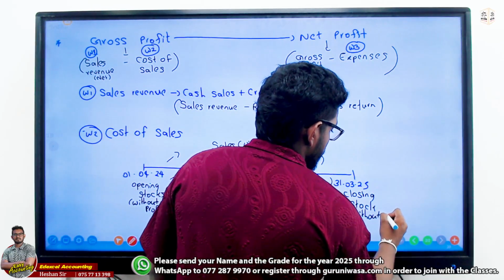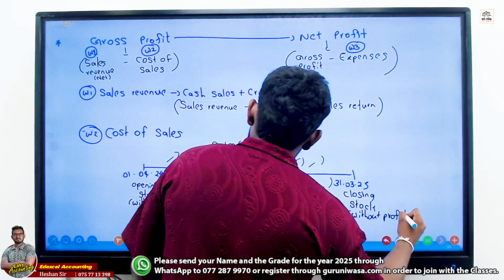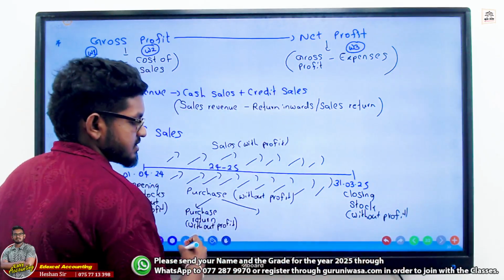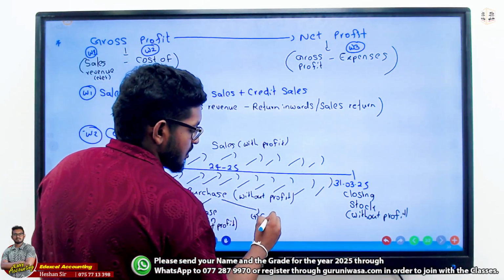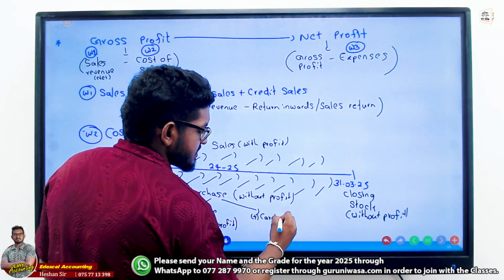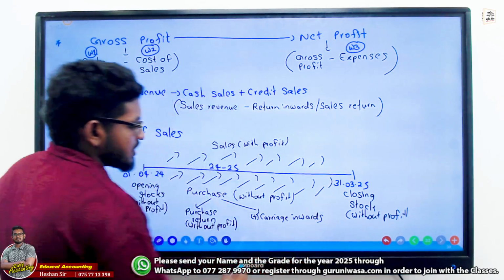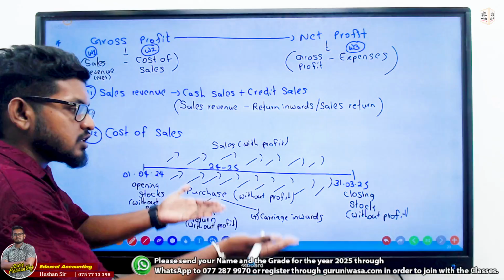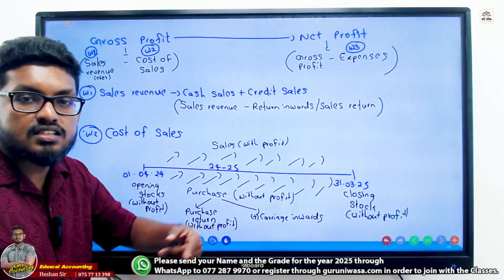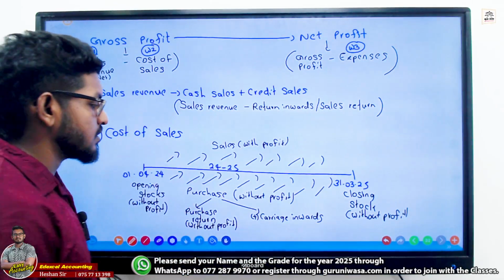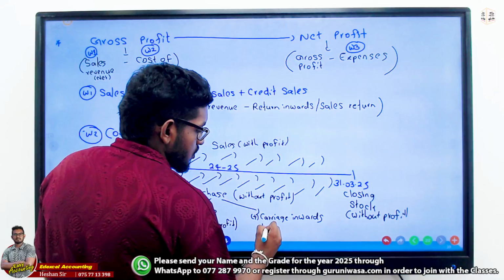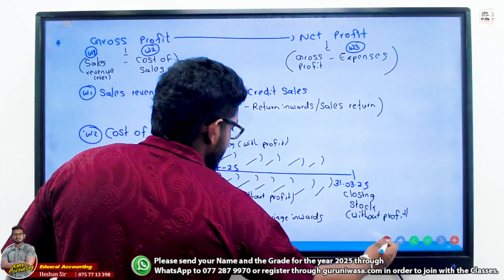And there are two expenses which engage with the purchases. These are carriage inwards. Carriage inwards means sometimes the supplier delivers the goods to our business by charging delivery charges, right?